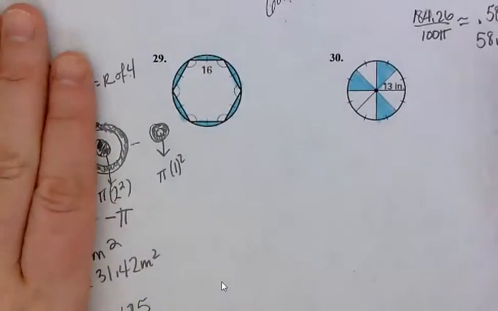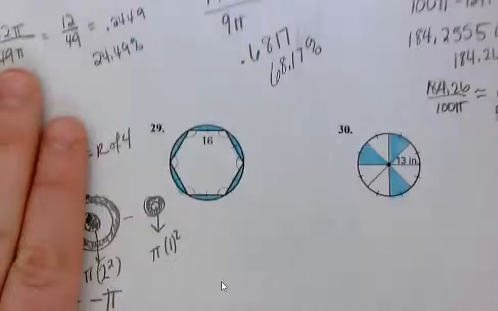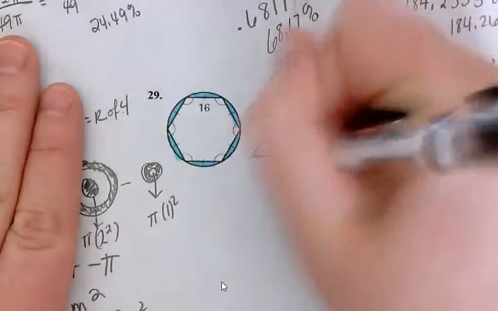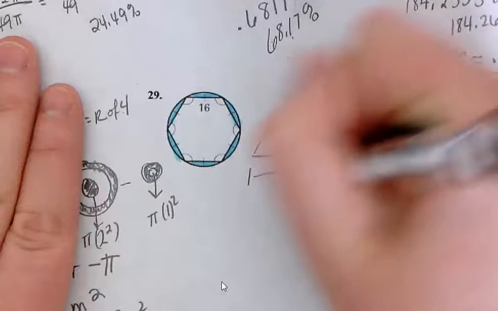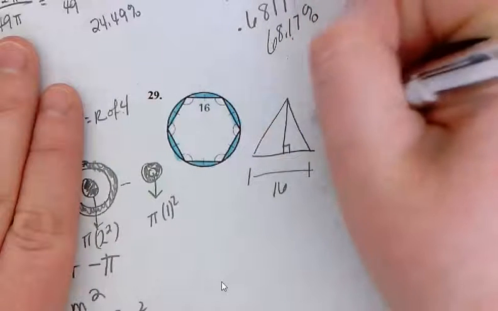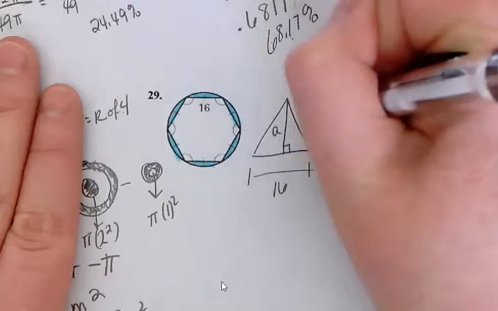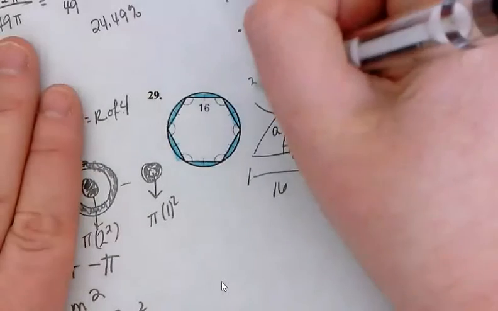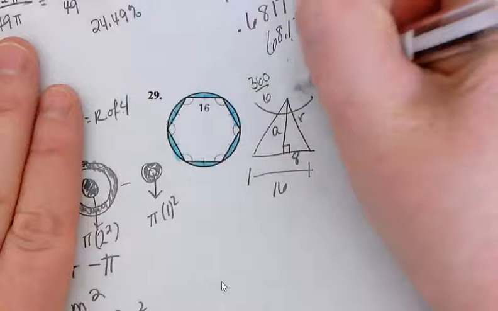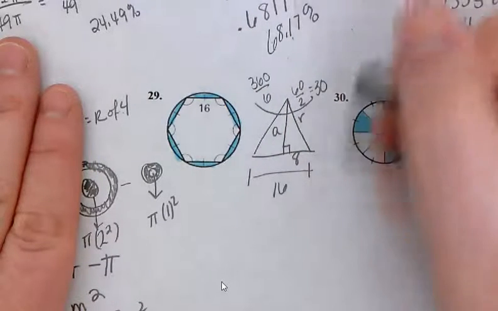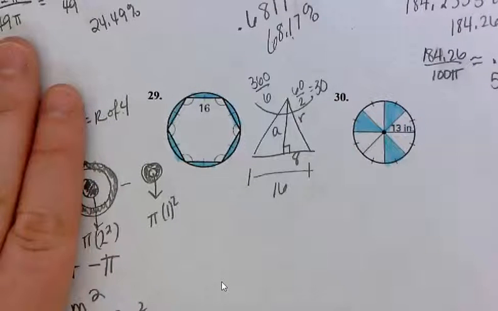So since you know the side length is 16, your apothem is unknown, your radius is unknown, but I do know this is 8. 360 divided by 6 gives you 60, divide that by 2 gives you 30. I know this is another special right triangle.